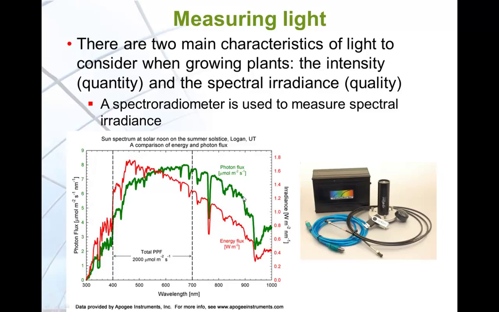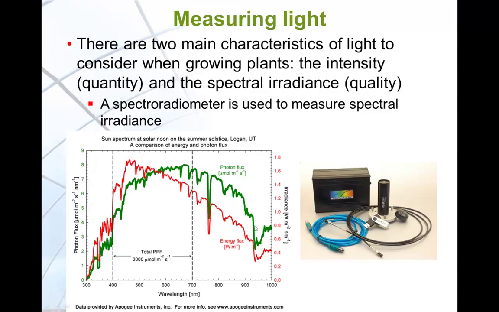And this is showing two kinds of reading from the same light source. One is shown on a photon flux basis. The other one is energy basis. Because energy level per photon is different and determined by different wavelengths, that's why the shape of the scan is different when it is shown on an energy basis or photon basis.